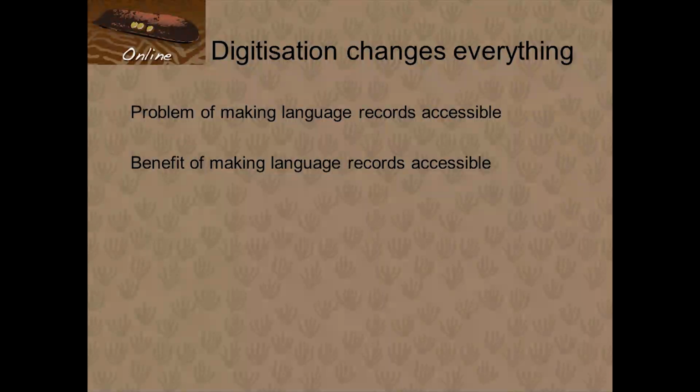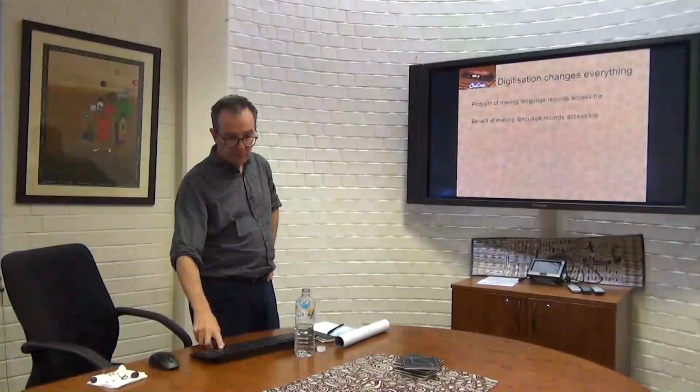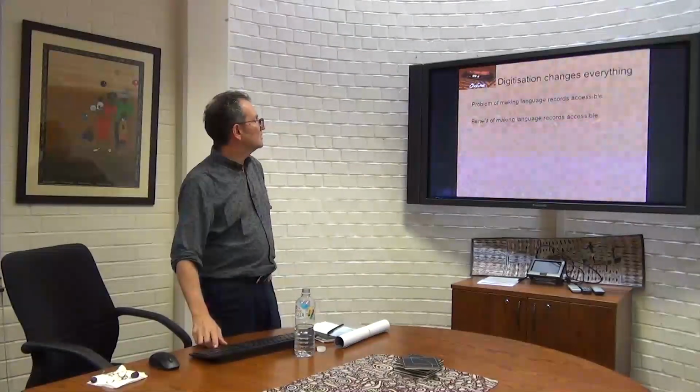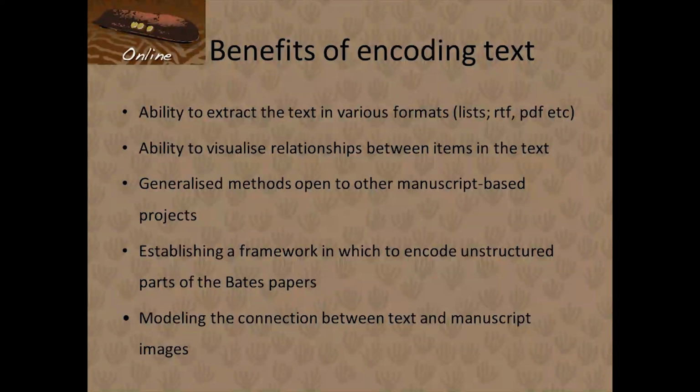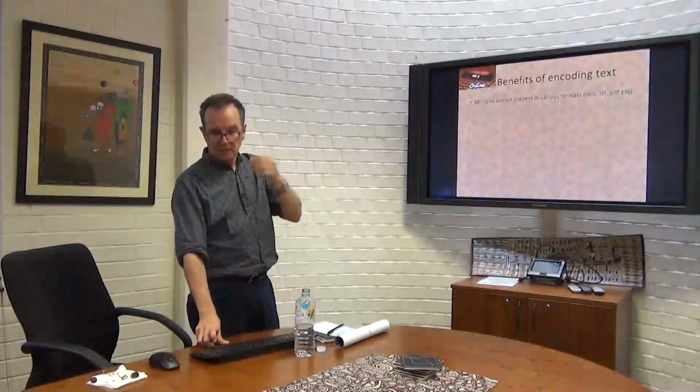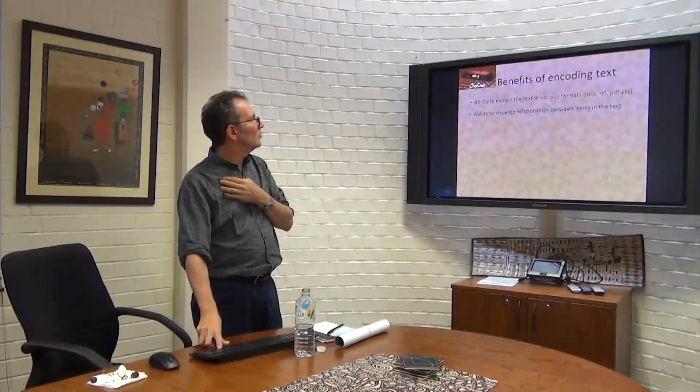So there's the problem of making language records accessible, that people may do things with them that the speakers don't want, but I think there are many benefits of making them available. That you can extract the text. Because it's structured text, we'll have a way of exporting it. You can say, I want this as a table, or I want it as a PDF, or whatever.